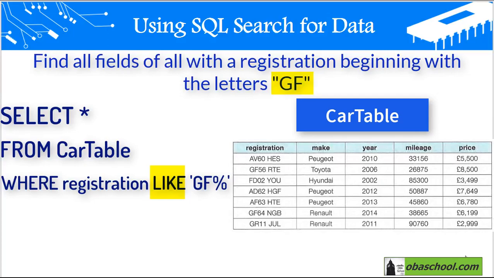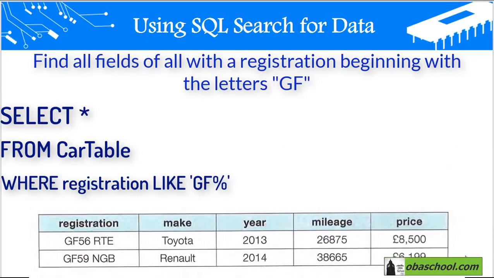They said GF. So we put GF and then put beside it the percentage sign, since we don't know what the characters beside it are. This will produce the following result when we run the SQL statement.